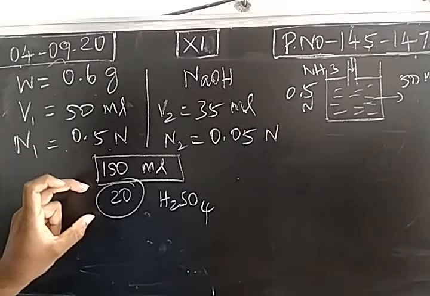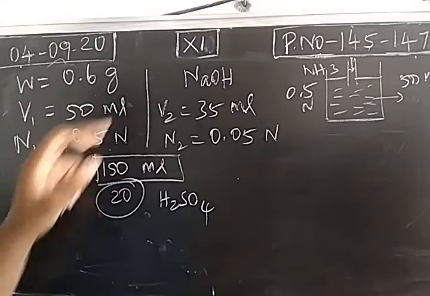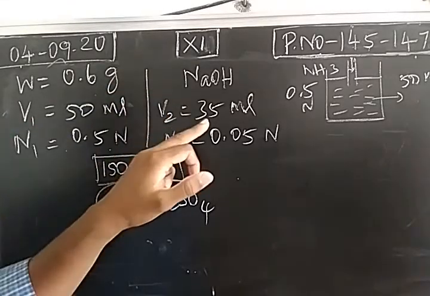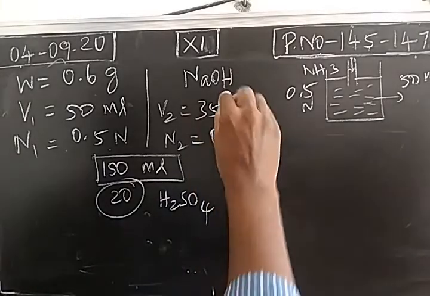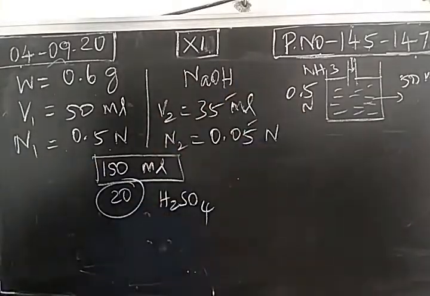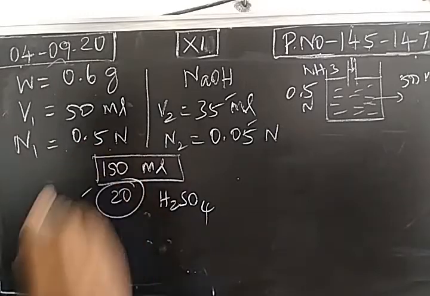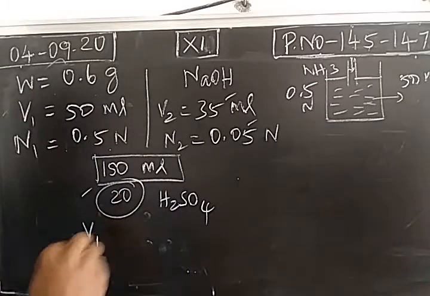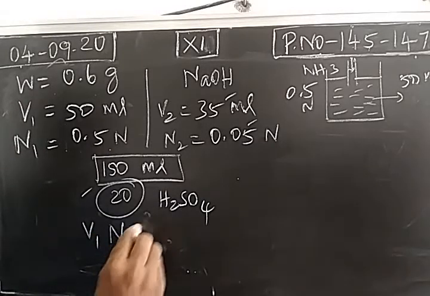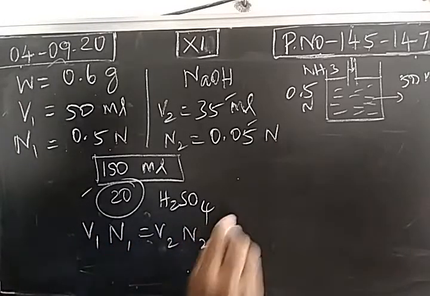From this, we pipette out 20 ml acid and titrate with sodium hydroxide. 35 ml is required to neutralize. For the base, we know the volume and the concentration. For the acid, we know the volume but not the concentration. So what is the formula in volumetric analysis? V1N1 is equal to V2N2.